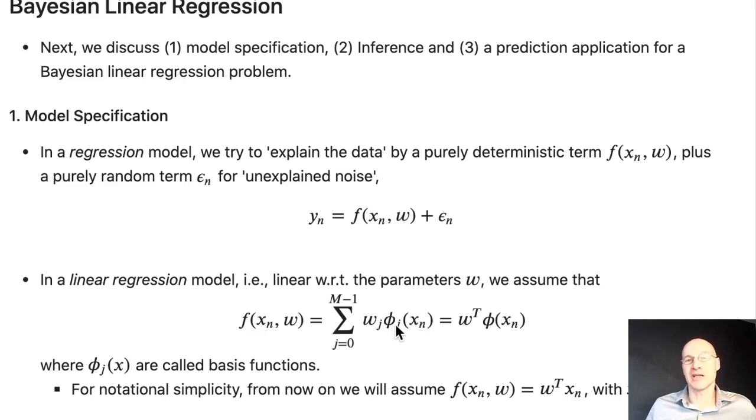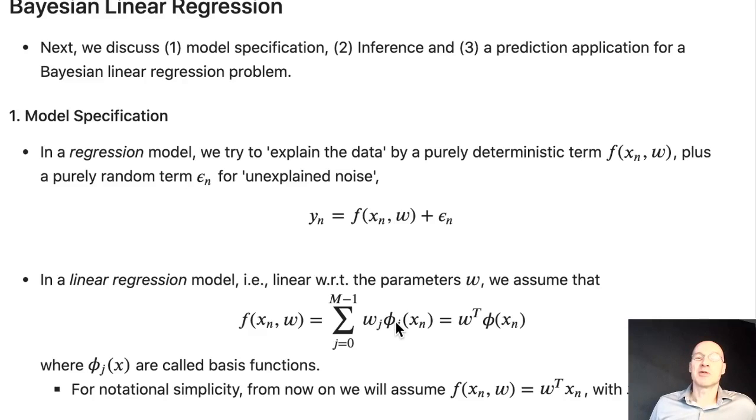Phi of j could be any kind of function of x of n, but with respect to w, this is a linear function, right? For any x of n, we can always just execute this function phi1 and phi2 until phi m, and now I have m numbers, an m-dimensional vector, right?